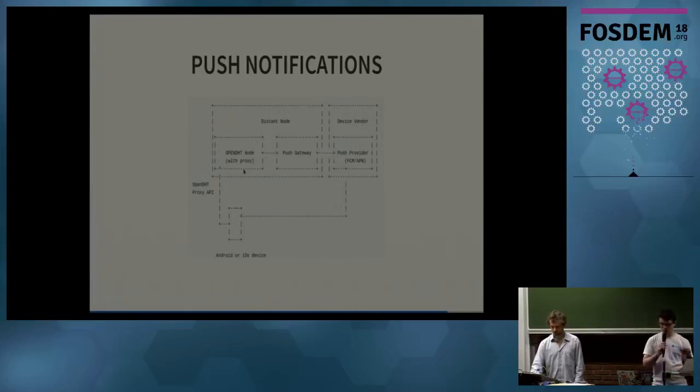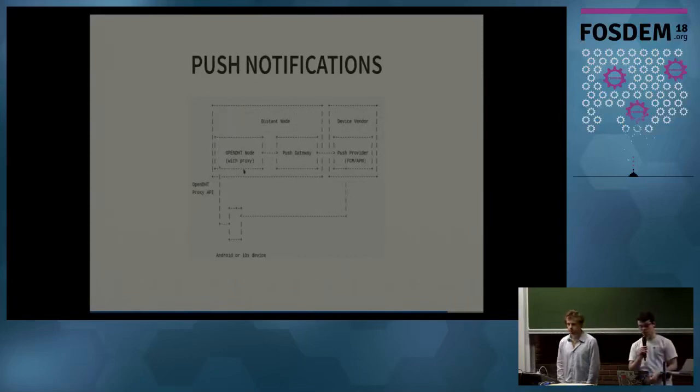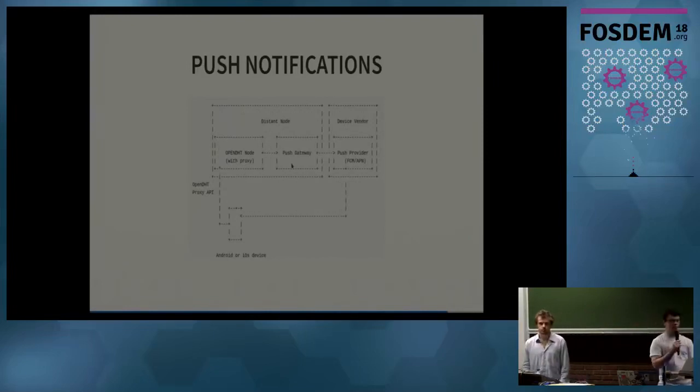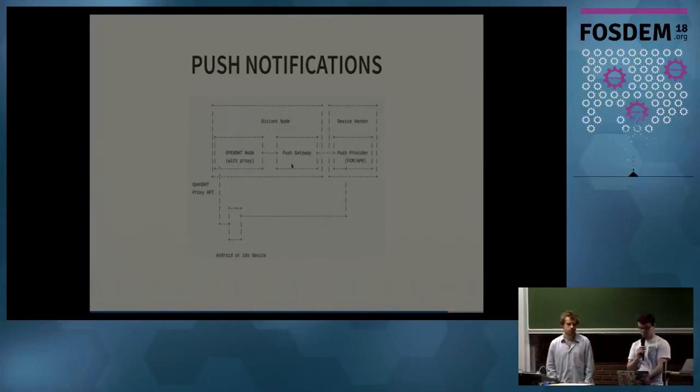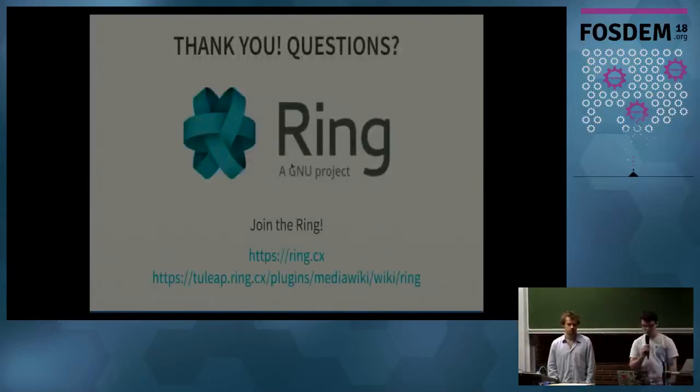So each node can create a notification with just a device ID and ask the push gateway to send a wake-up notification or a timeout notification if the listen expired. So this is the new feature for OpenDHT 1.6.